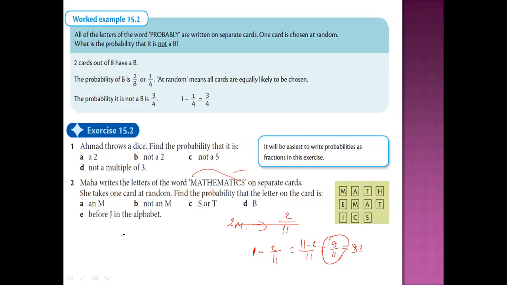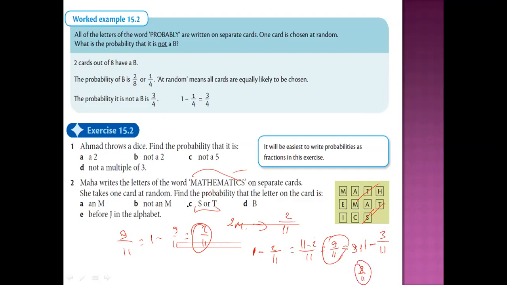Without the M, how many letters do we have? 9 over 11, which is equal to 1 minus 2 over 11, 11 minus 2 is 9 over 11. S or T, how many S and how many T do we have? 1, 2, 3. That's why 3 over 11. Okay. And in the formula, 11 times 1 is 11, minus 3 is 8 over 11.